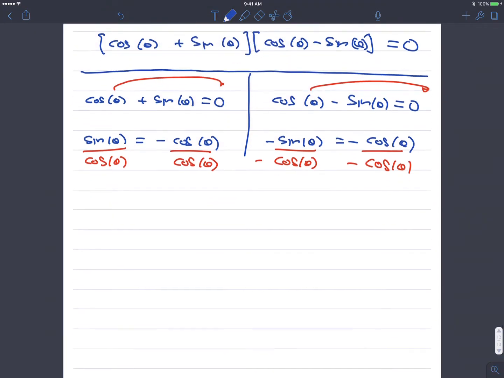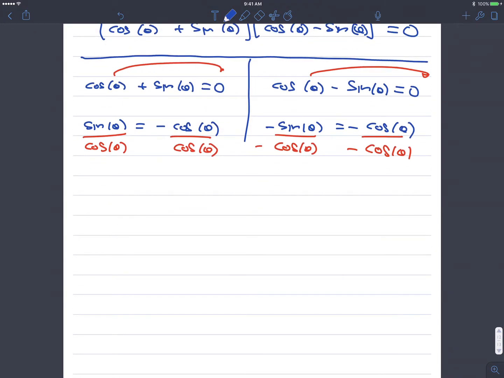Here's the point. Do you recognize sine theta over cosine theta? Tangent theta. What happens here? Negative 1, good. What's this sine over cosine? You have two negative signs. Negative over negative makes tangent theta again negative over negative, cosine over cosine.